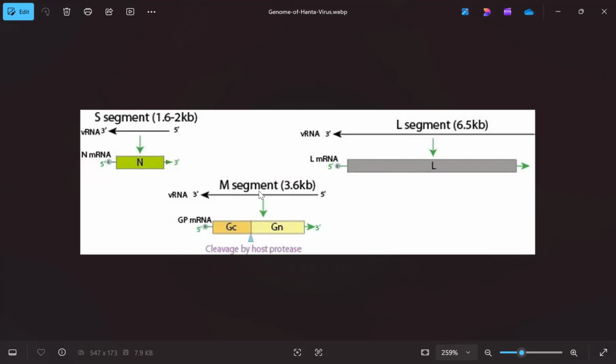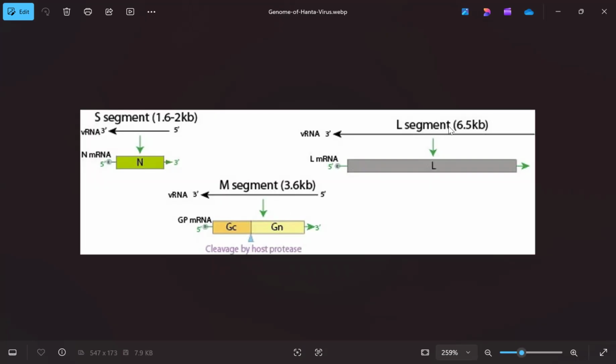Again, the viral RNA has to be transcribed into messenger RNA to code for this GP. This GP actually is the GN and GC, and it actually is cleaved. I have a video about the cleavage point, and the GN is the top part of the spike, the GC is the stalk.